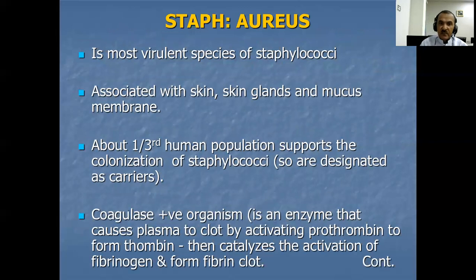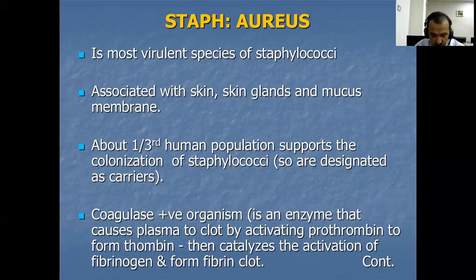Staphylococcus aureus is the most virulent species of Staphylococcus. There are three species of Staphylococcus: Staphylococcus aureus, Staphylococcus epidermidis, and Staphylococcus saprophyticus. These names are according to their production of colonies.